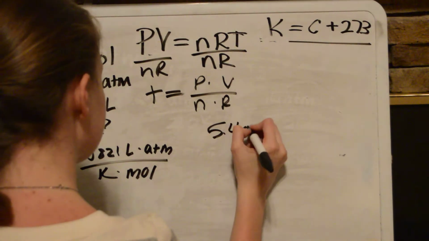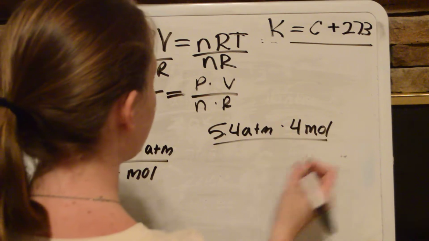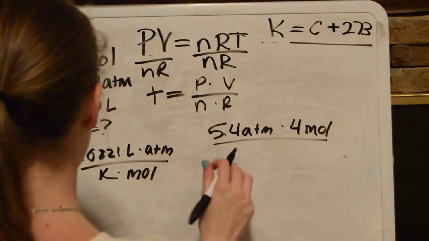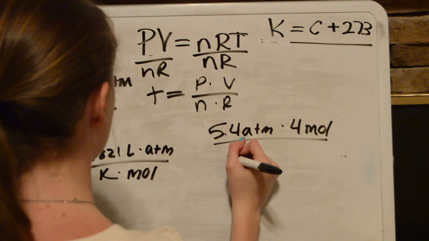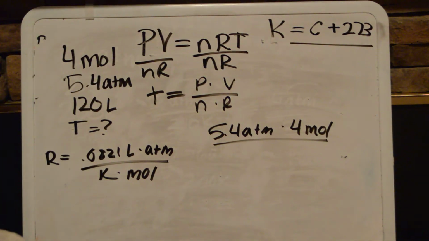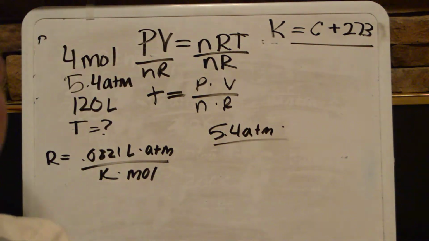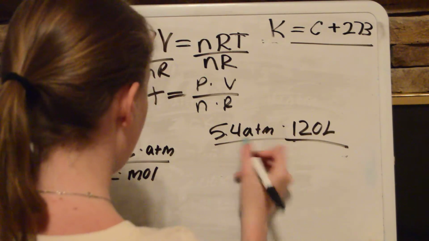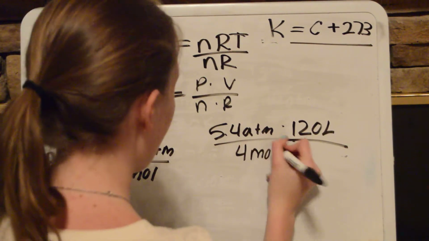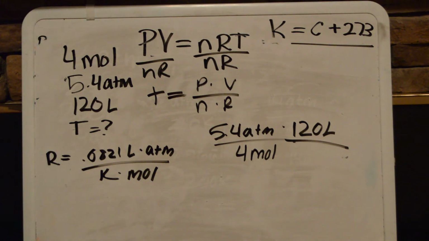Let's plug and chug, ladies and gentlemen. 5.4 atm times 4 moles divided by n, which is our moles. Oh, see, I knew I would do something wrong eventually. That's wrong. It's our volume that goes up there, 120 liters. Sorry about that. 120 liters divided by 4 moles, and then our constant, which you might be thinking, don't freak out, trust me.